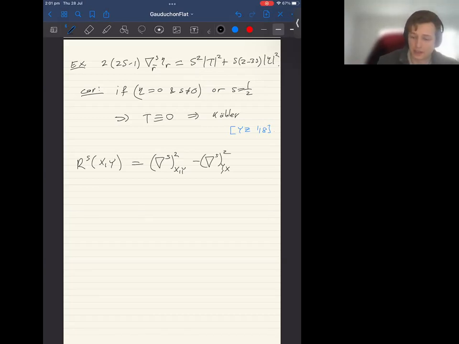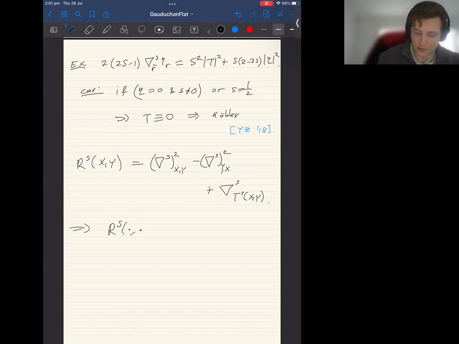But this isn't a Levi-Civita connection, right? We normally have a torsion term hiding there. This is not so bad though, because we know what derivatives of torsion are, right? So what does this tell us? Well, if we apply the curvature to T, our torsion, this gives us some cubic expression.